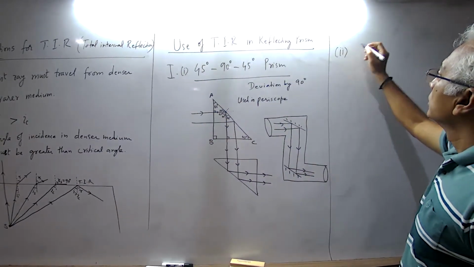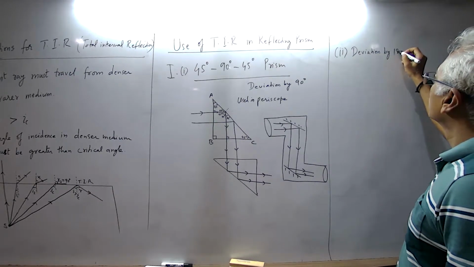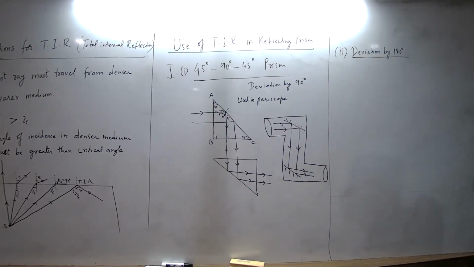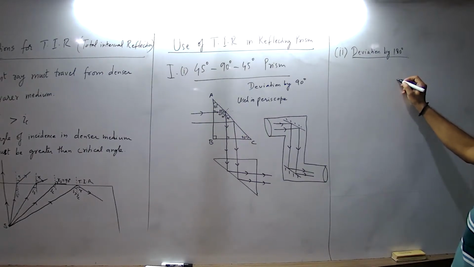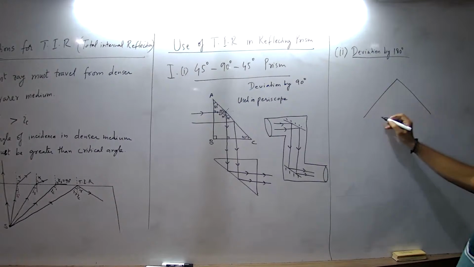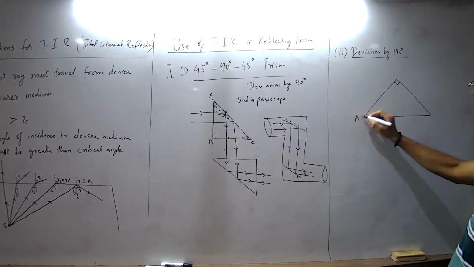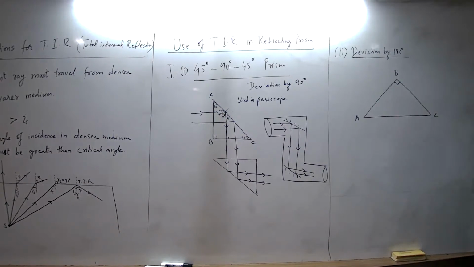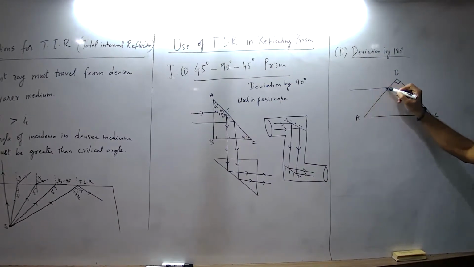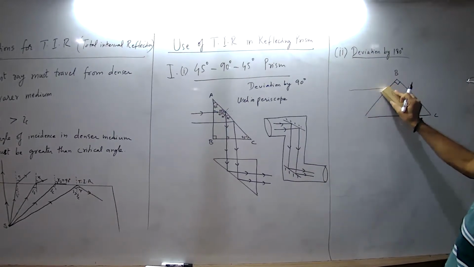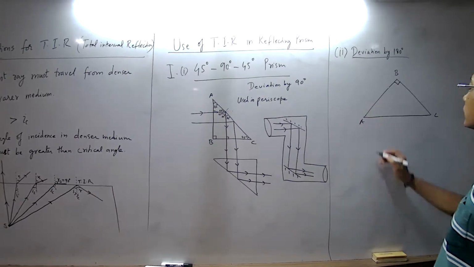Second use is deviation by 180 degrees. We will now use this prism to obtain deviation of 180 degrees. So in this case, the prism is kept like this. So we have ABC. So now when the ray comes here, this is 45.